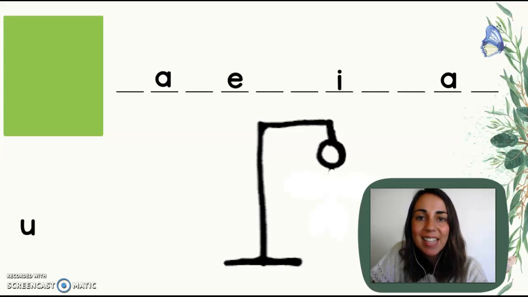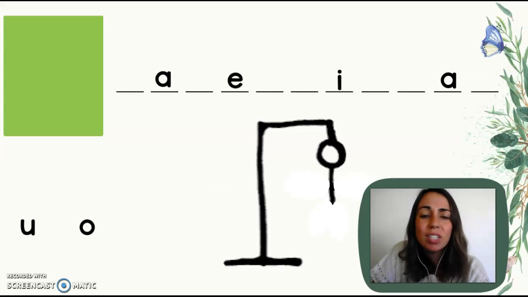Let's see our next sound. O. No, it doesn't have an O. Okay, so the body of our hangman is there now. Let's see. Our next sound is, what sound is that? Very good, and it has two. Excellent.